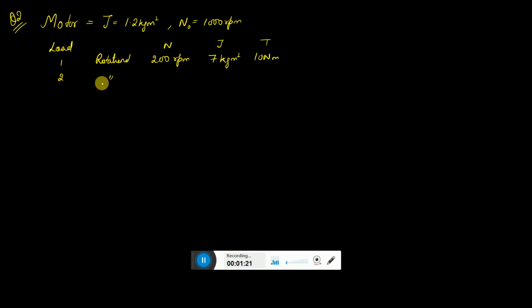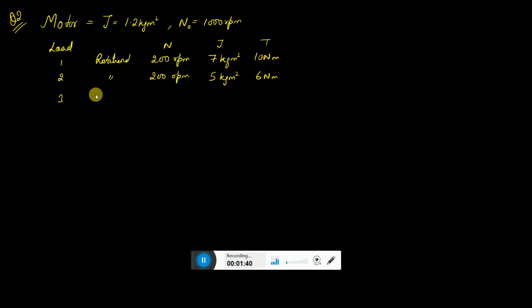Second, we have the rotational load with the same speed of 200 RPM. Inertia is 5 kg meter square. Torque is 6 Newton meter.